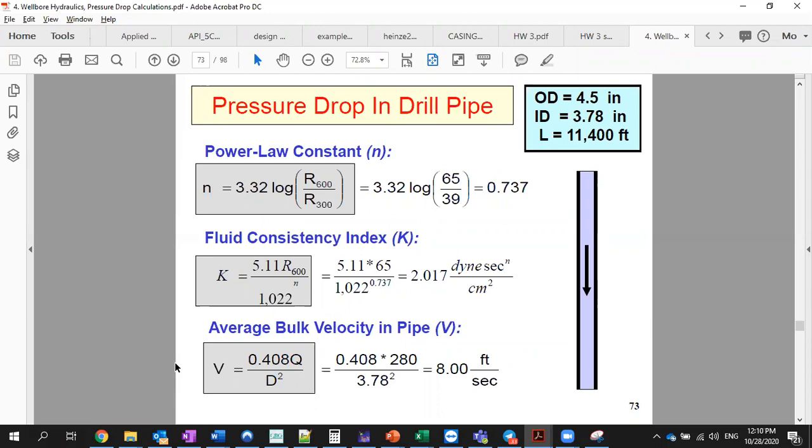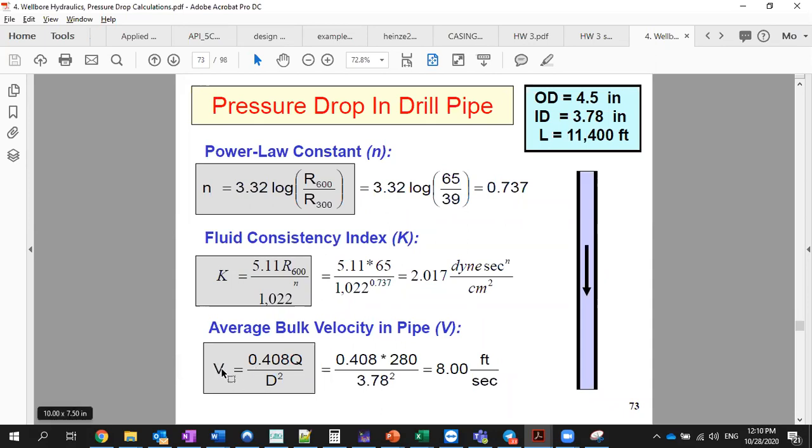Anybody, any idea? Well, you need to decide about your flow regime, right? If it is a laminar flow or turbulent flow, right? And in order to decide that, you would need to calculate your velocity, right?